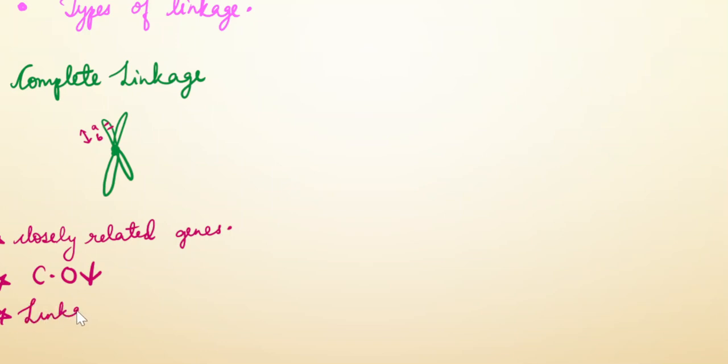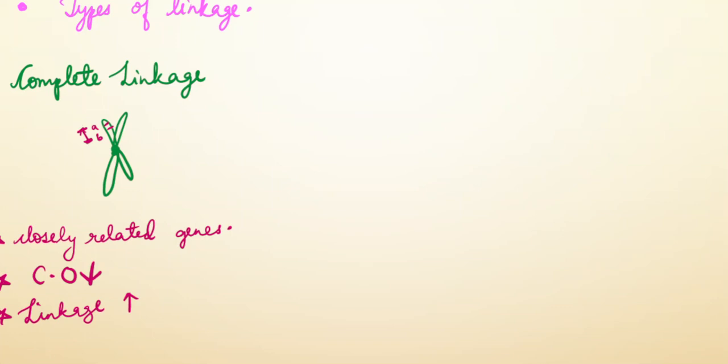Since the genes are closely related, the crossing over will be less. Close related means the linkage is higher, the bond between these two genes is stronger.